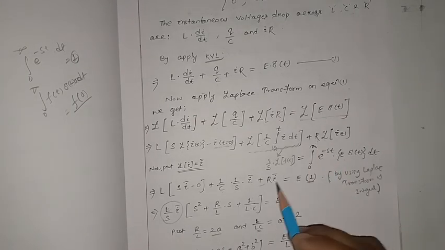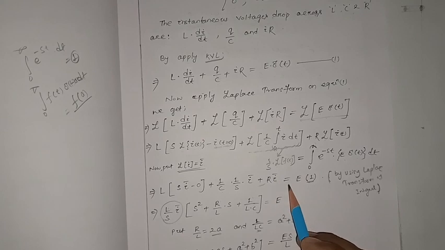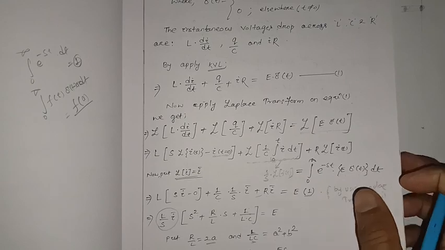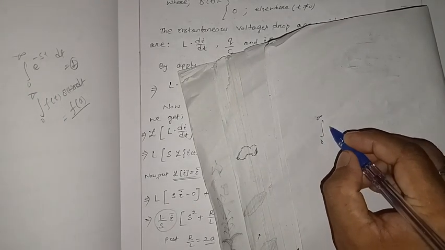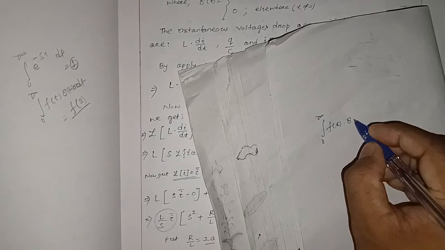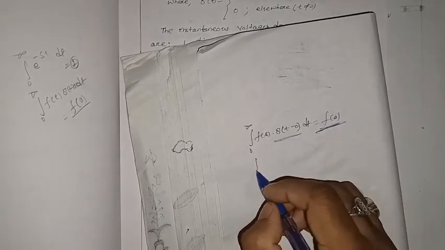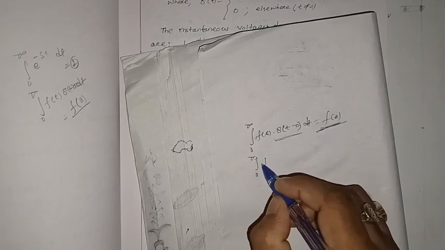And here the Laplace transform of I is I bar, equal to E into 1. Why 1? Here you may remember that the integral from 0 to infinity of f of t into delta t minus 0 dt equals f of 0. This is one of the properties of the delta function. That means, or we can say, the integral from 0 to infinity of f of t into delta t minus a dt equals f of a, right?